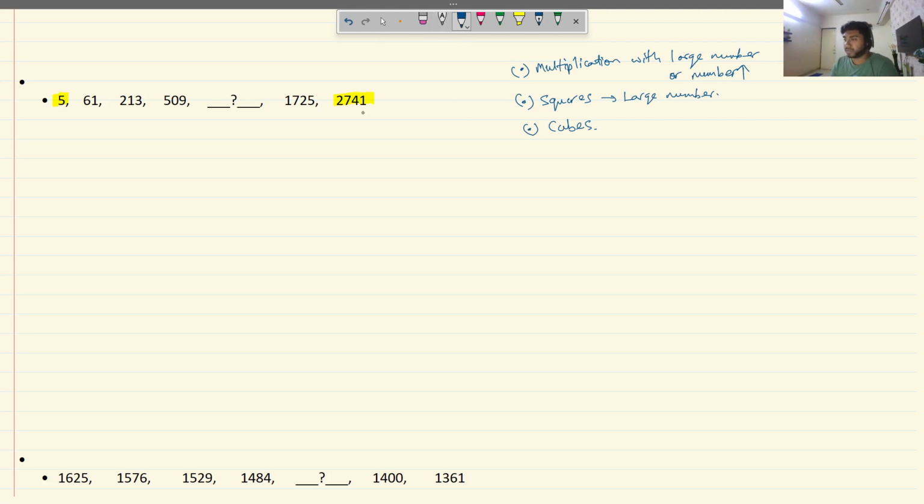When the difference is so huge, the pattern can be on the consecutive difference or on the numbers themselves as well.